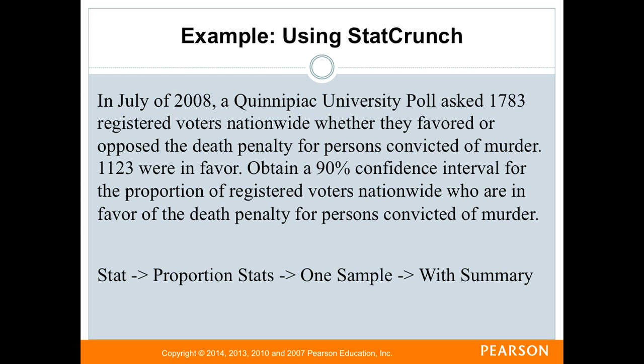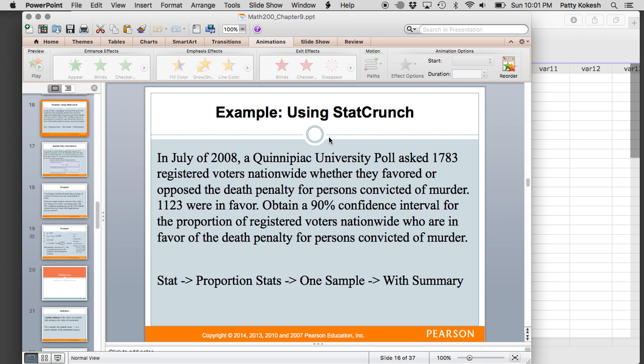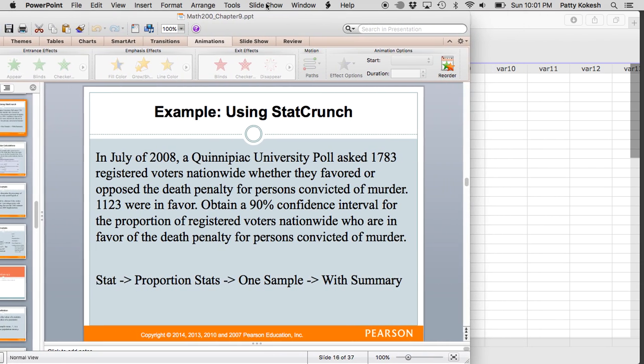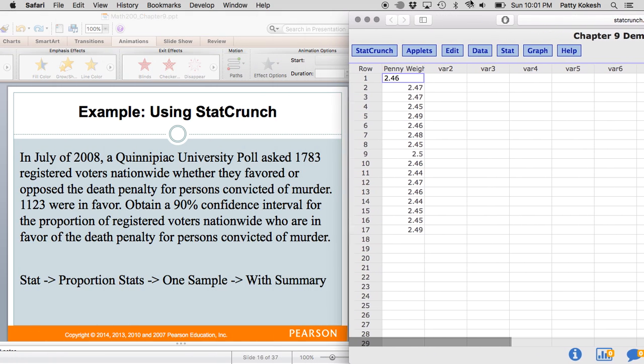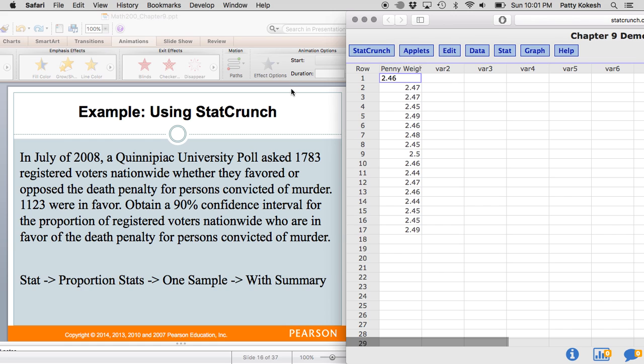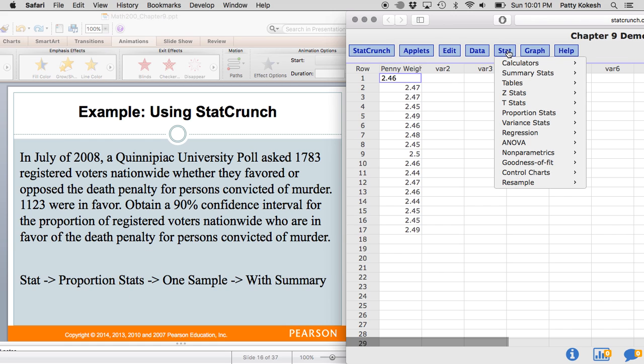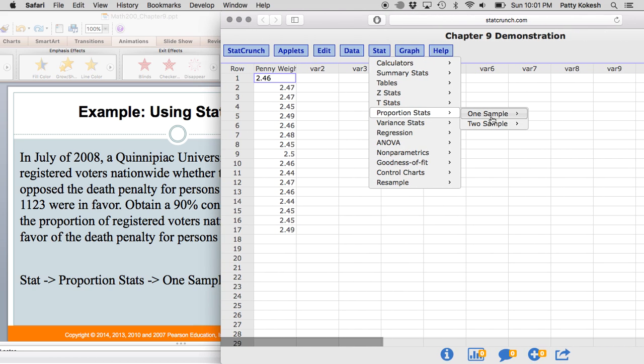Now, it's pretty easy to create the confidence intervals using StatCrunch. So I'm just going to minimize this real quick, and I have StatCrunch open. I'm going to show you how to do this. So if we look here, what we're going to be doing is Stat, Proportion Stats, and then One Sample.